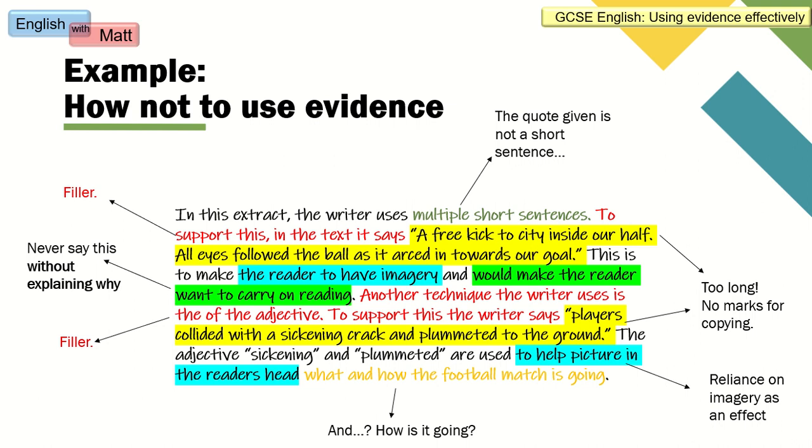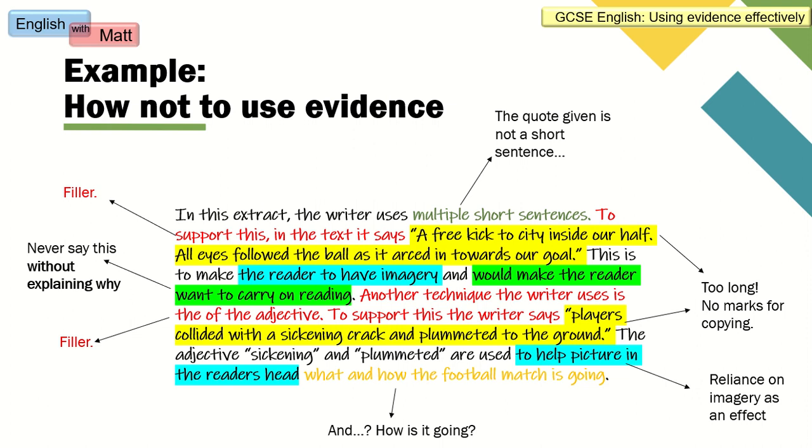And if this paragraph had taken a student 10 minutes, they've spent 10 minutes writing about the wrong things, essentially. They should have spent 10 minutes talking about analysis of the extract and meanings rather than using sentences which are filler and long quotes. So that is what's wrong with this paragraph and what we would need to avoid to make it better.